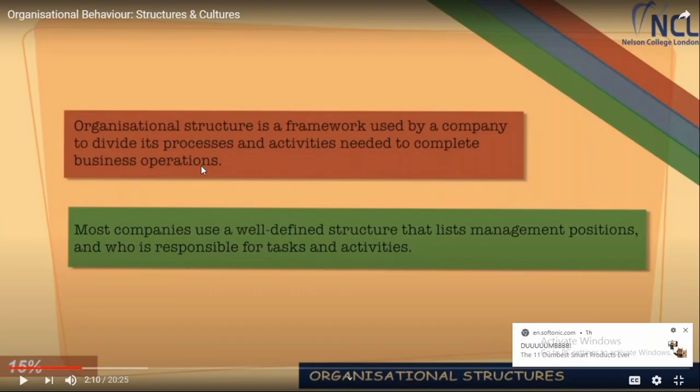These are keywords that whenever you want to define organizational structure, you must include. So it's a framework used to divide processes and activities for business completion. Most companies use a well-defined structure that lists management positions. So you see some structures will list the CEO, the manager, functional managers, and the rest of them, and who is responsible for tasks and activities.